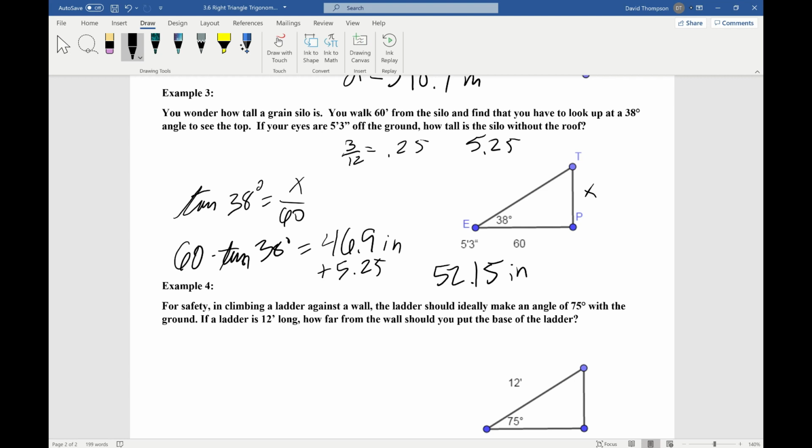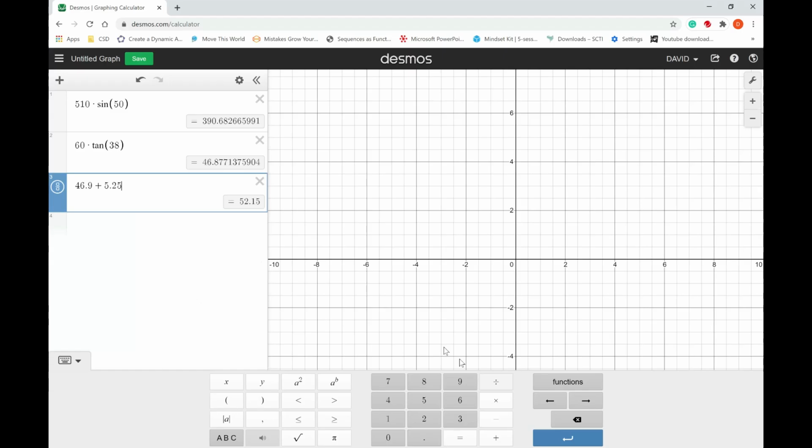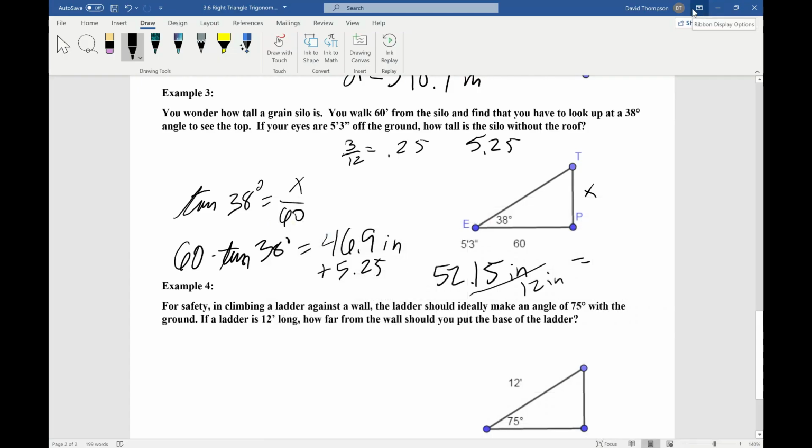And if we're trying to convert this to feet, we're going to divide it by 12, just so we can get a better estimate of how tall this thing actually is. 52.15 divided by 12, since there are 12 inches in a foot, so 4.34 feet. And we're done.